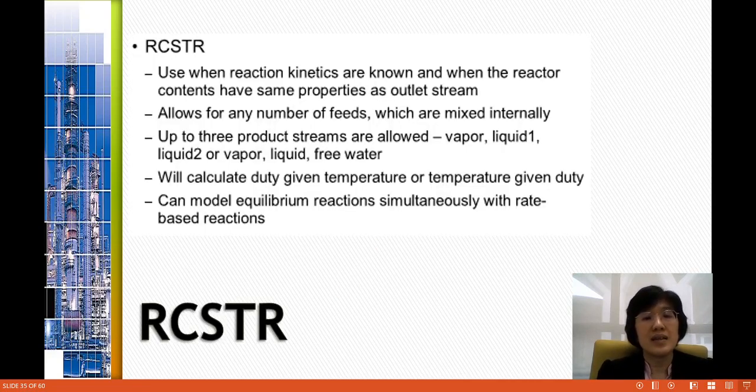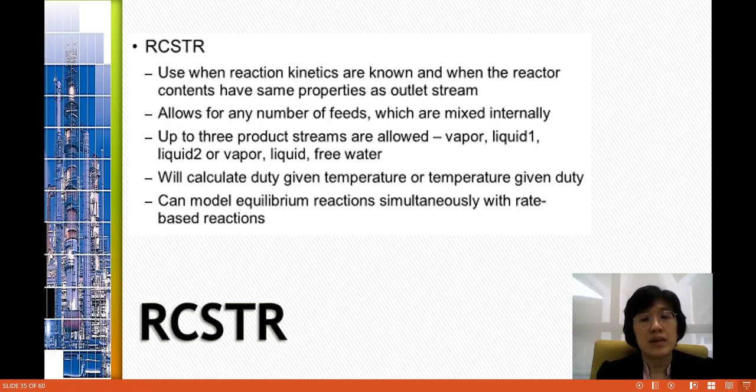For RCSTR, as I mentioned, you can use it when the rate equation or the kinetic information is given. It allows any number of feeds, and it allows up to 3 products. You can have vapor, liquid 1, liquid 2, or vapor, liquid, and also free water.